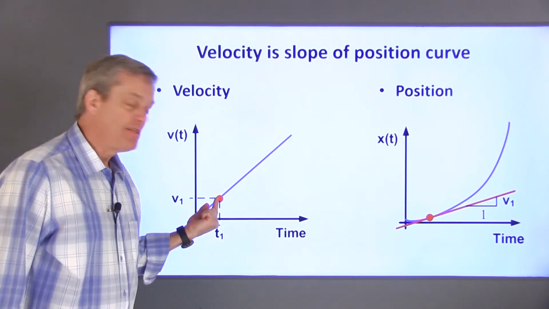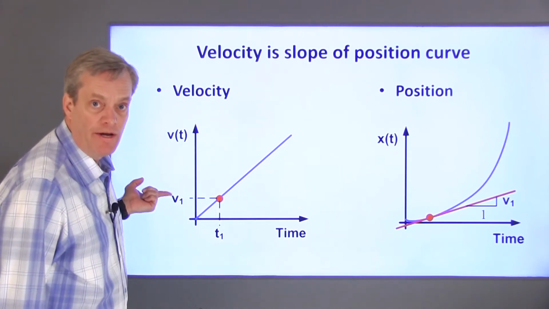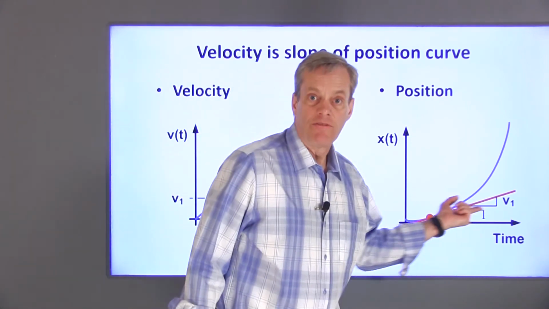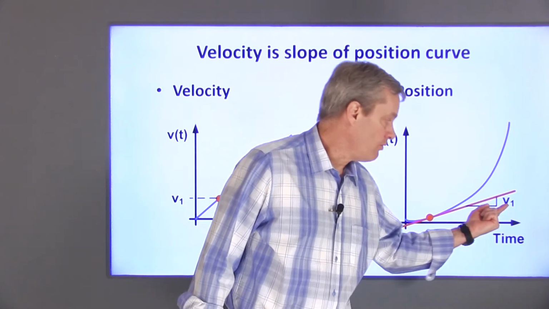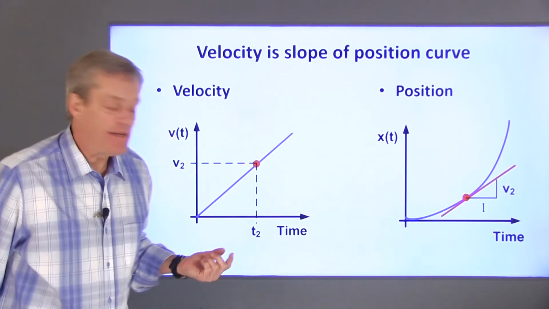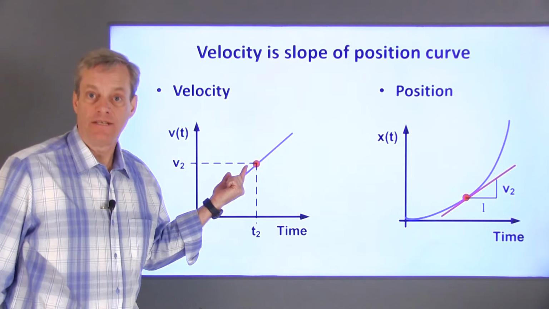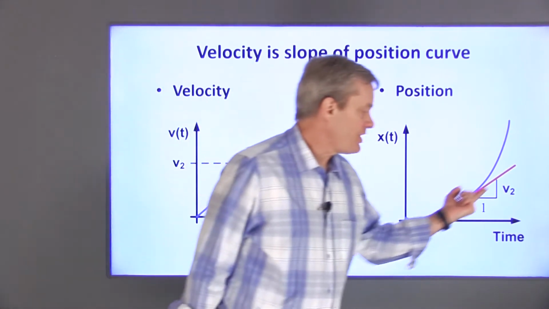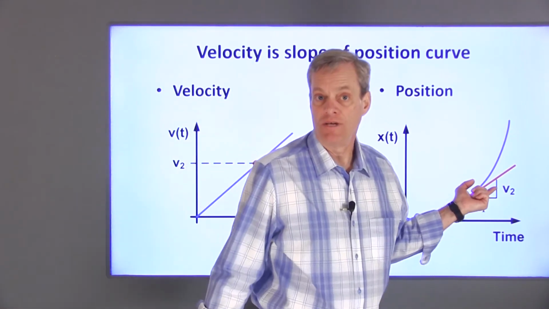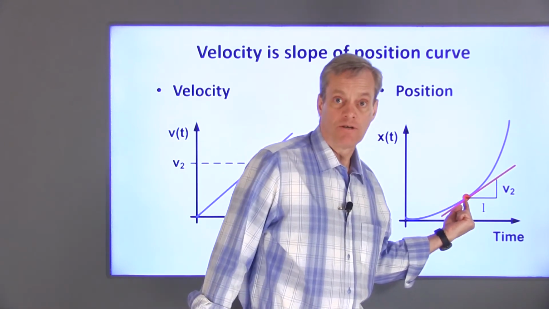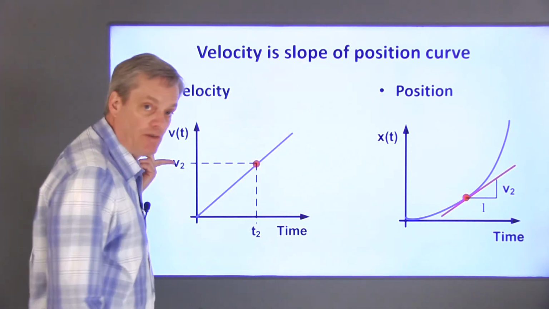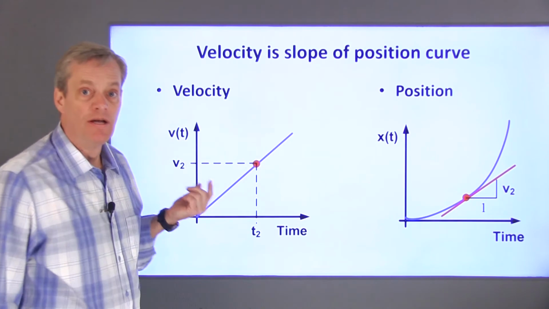So at this time t1, the velocity is v1. That means that the slope of the position curve at time t1 will be v1. At a later time, t2, the velocity is higher, and the rate of change of the position curve will also be higher. The slope of the curve at time t2 is the value of the velocity v2 at that time.